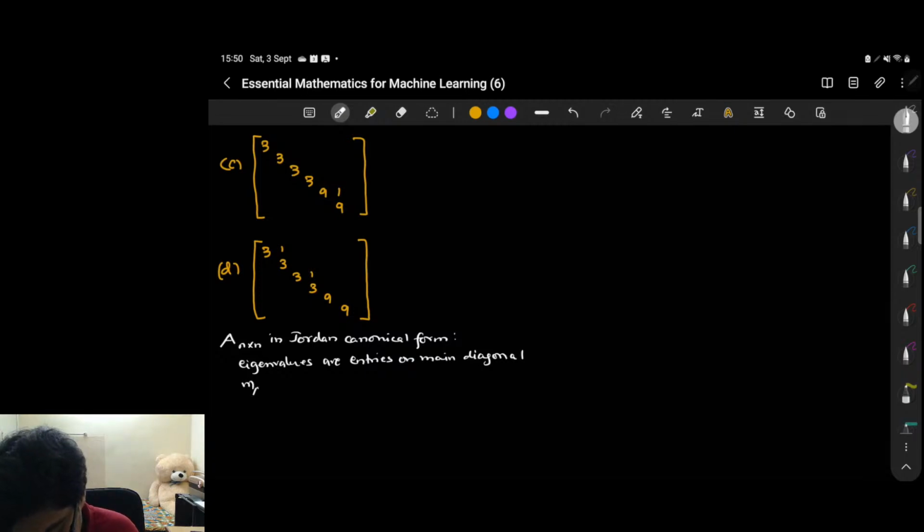And then the minimal polynomial m_A(lambda) can be given as follows.